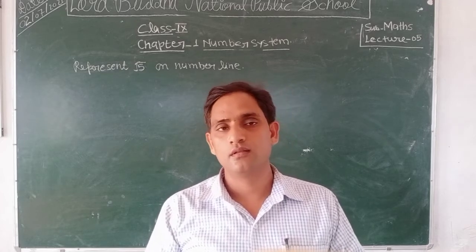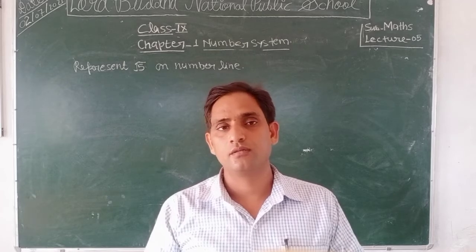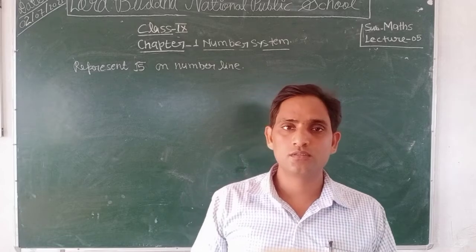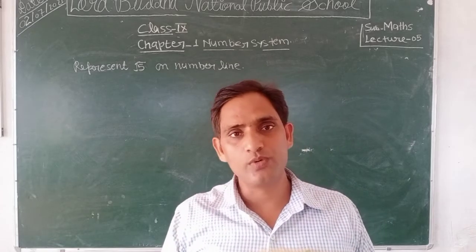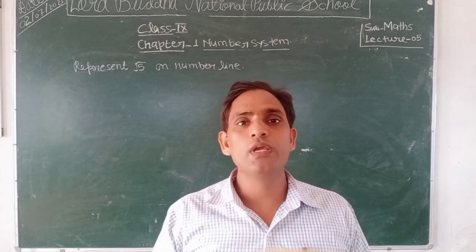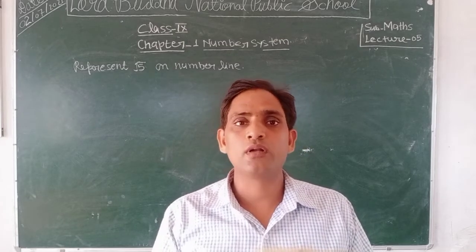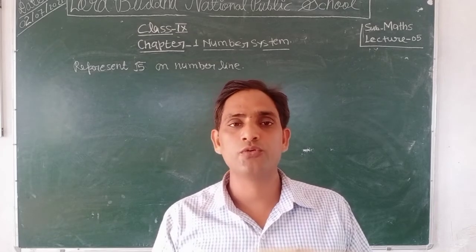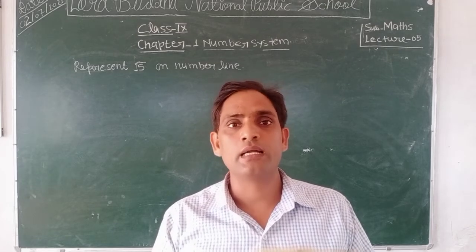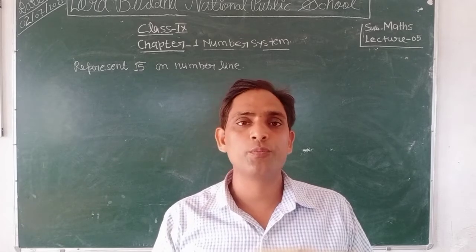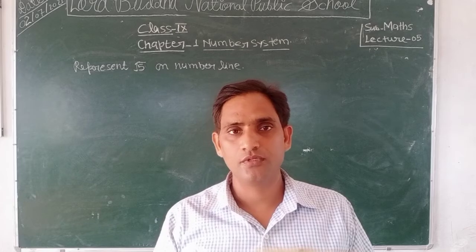So first of all, we find what two numbers have a square sum of 5. If we add the square of 2 and the square of 1, the square of 2 is 4 and the square of 1 is 1, so 4 plus 1 is 5. Clear?